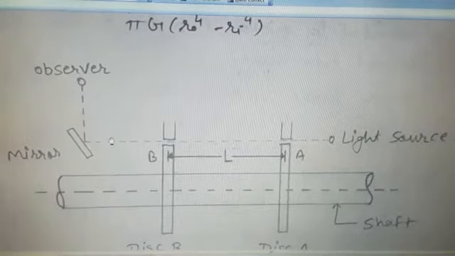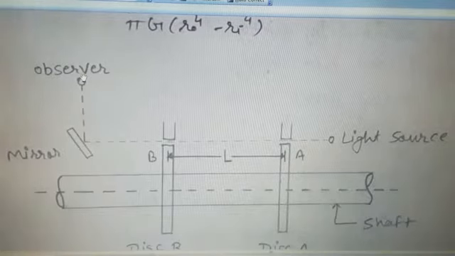These light rays pass to the mirror, and the mirror deflects them directly to the observer's eyesight. So the disc is hollow type, and the hole is provided for the light source to enter from that side. This is our torsion dynamometer.